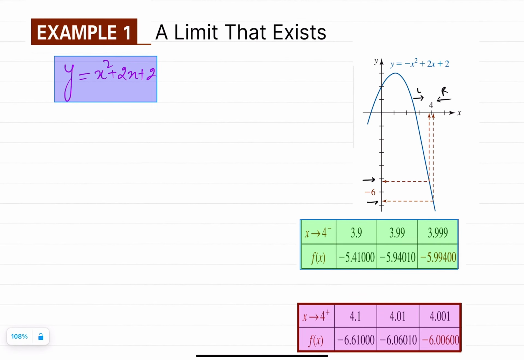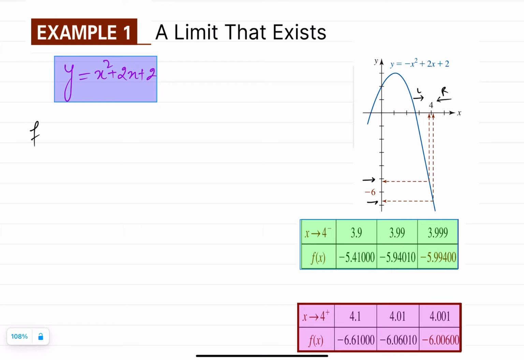Now, how can we evaluate the limit with the help of a table? We have this function. First, we will take the values that are closer to 4 from the left side. For example, we will take the value 3.9, 3.99, and we can come much closer, for example 3.999, and we will see the behavior of the function.